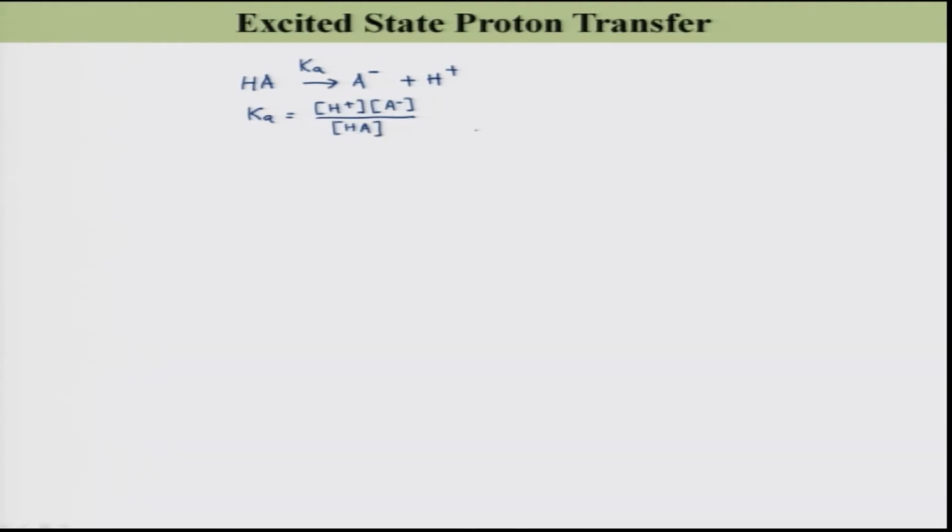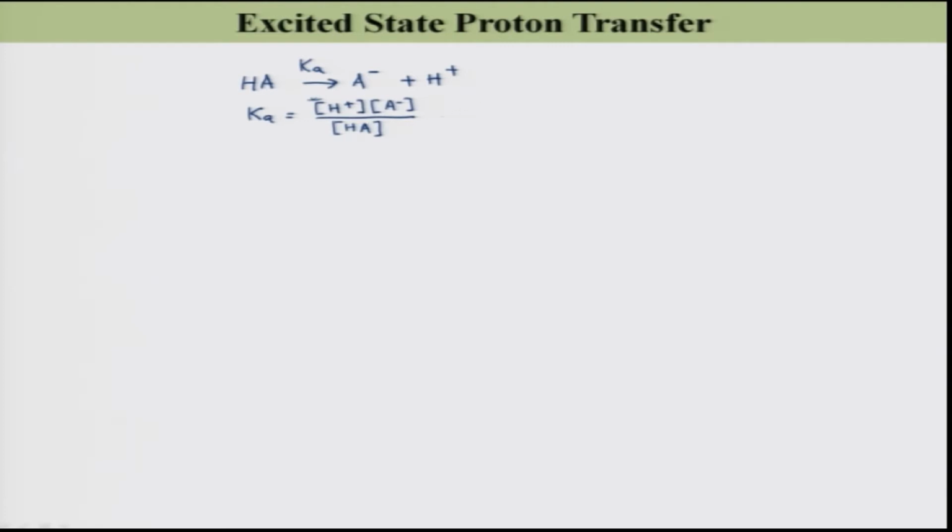So, taking log on both the sides and again one minus sign, this will be minus log Ka, and this part will be minus log hydrogen ion concentration, which is nothing but the pH, and then minus log A minus by HA concentration.